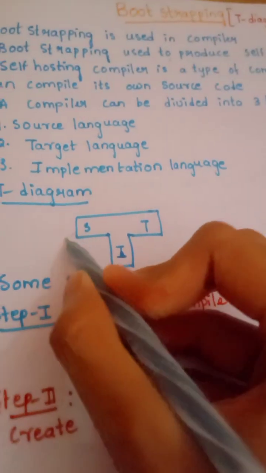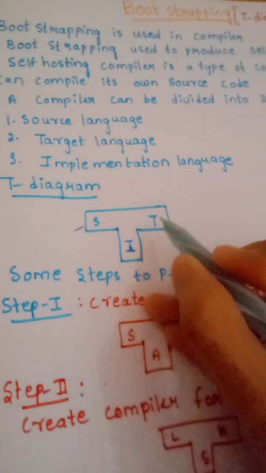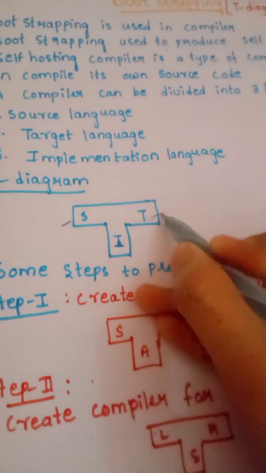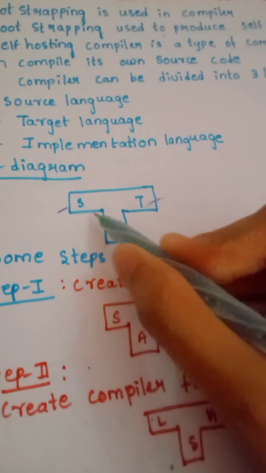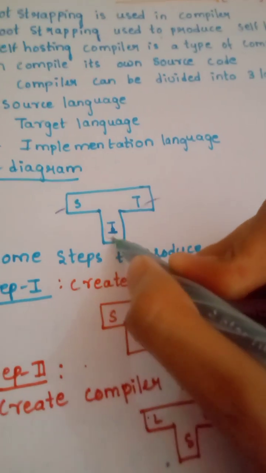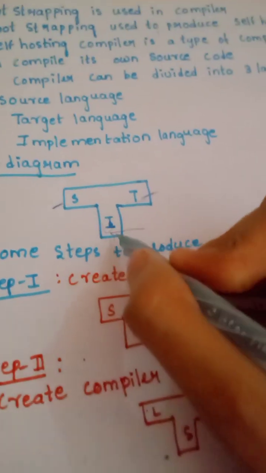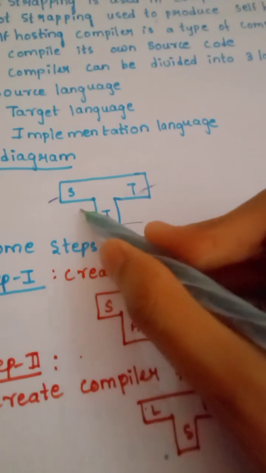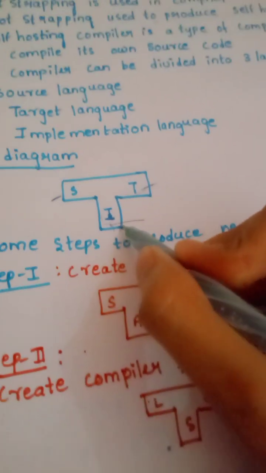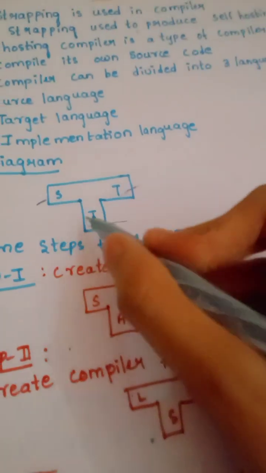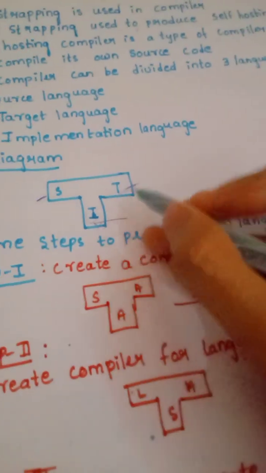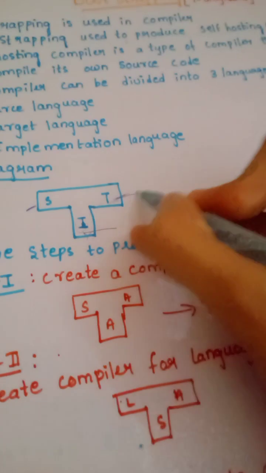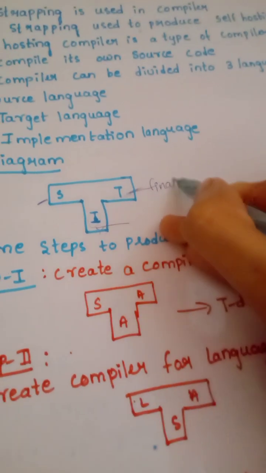So we have the initial source code, and the target code. The source code is implemented, whatever errors are there in the code are rectified in the implementation, and again it is converted into the target code. So the target code is nothing but the final code.